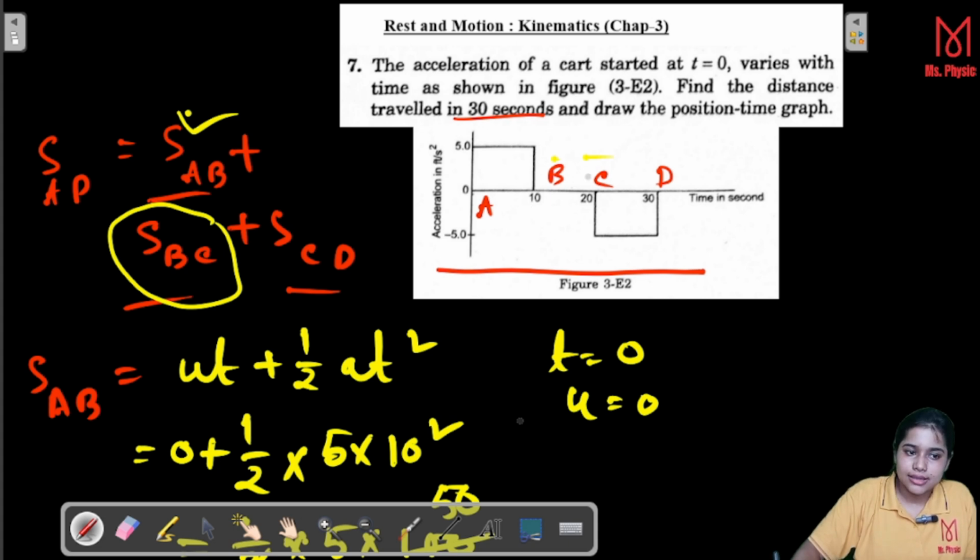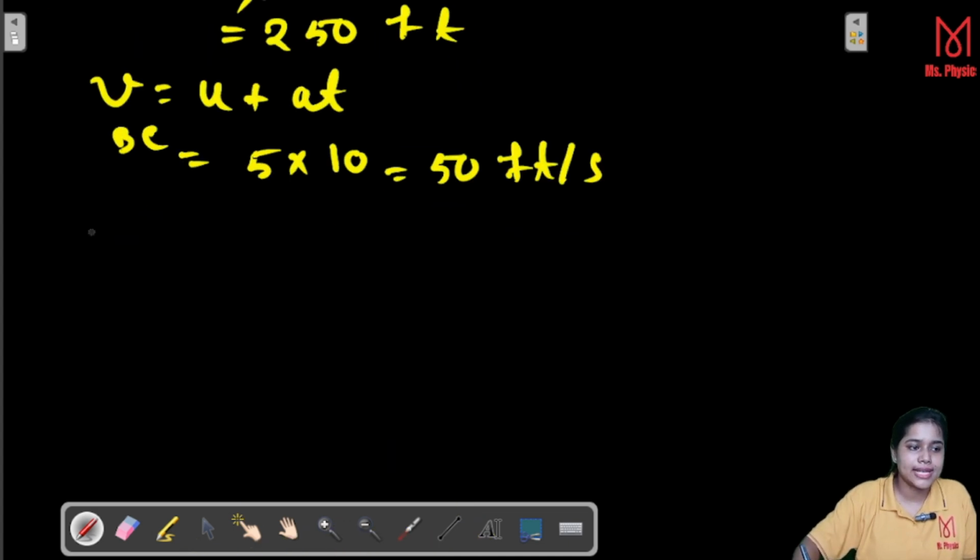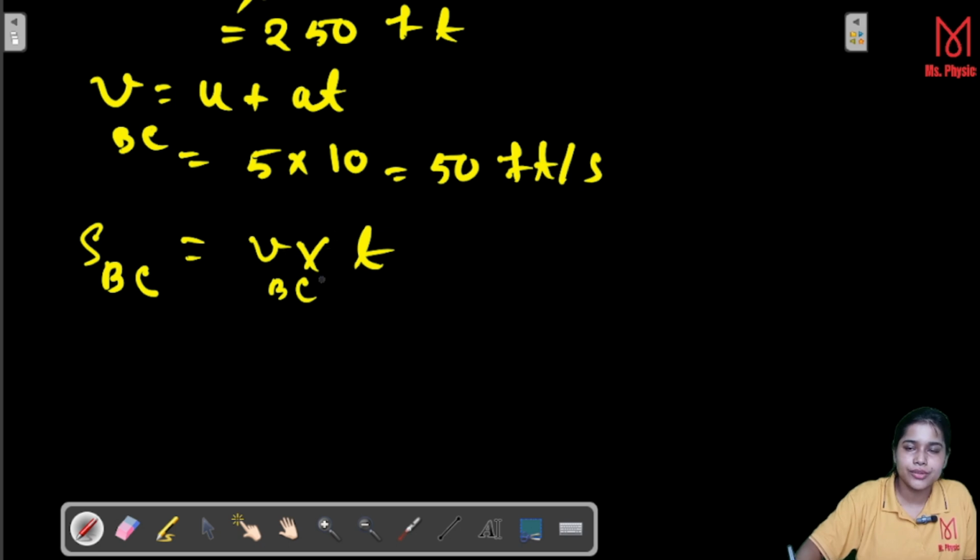Now we can calculate SBC because we know the velocity. So SBC is equal to velocity multiplied with time, VBC with time. VBC we have just calculated as 50, and it will be multiplied with time, that is 10, which is equal to 500 feet.